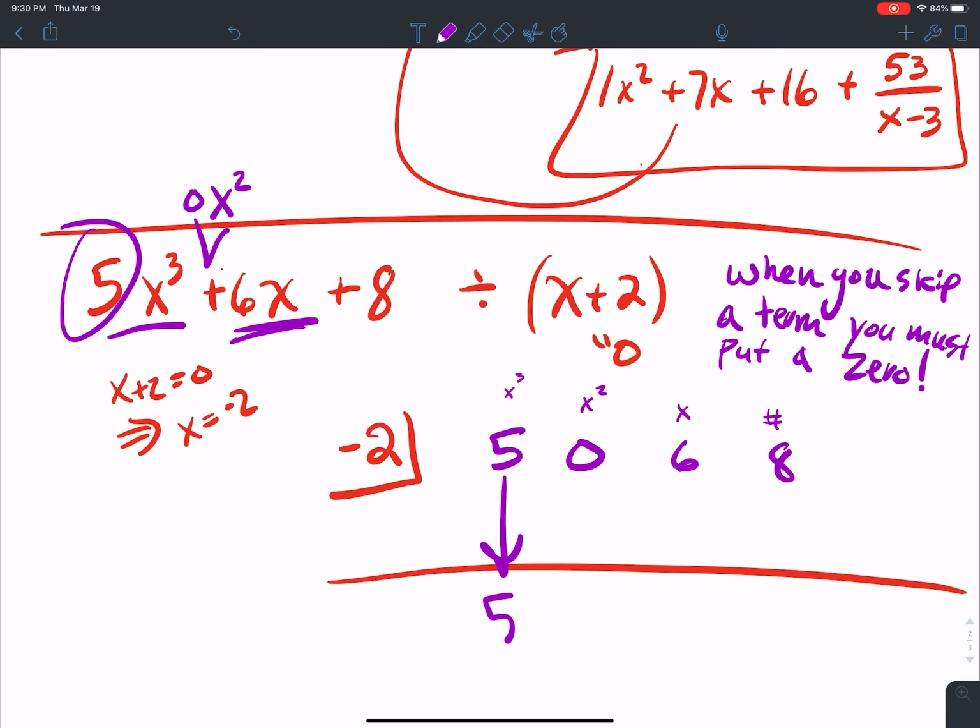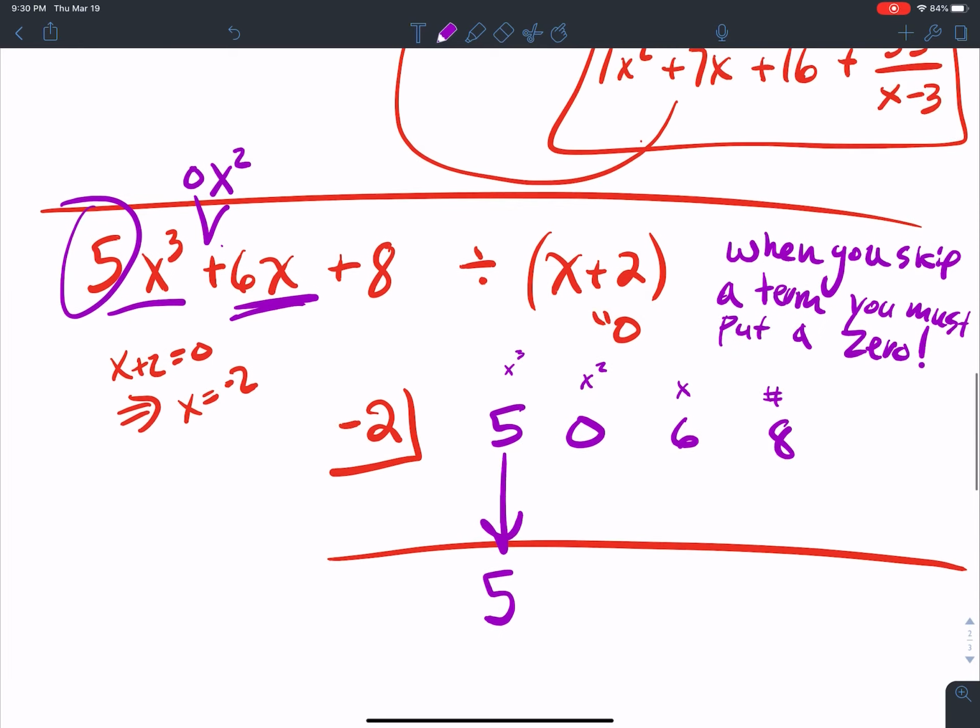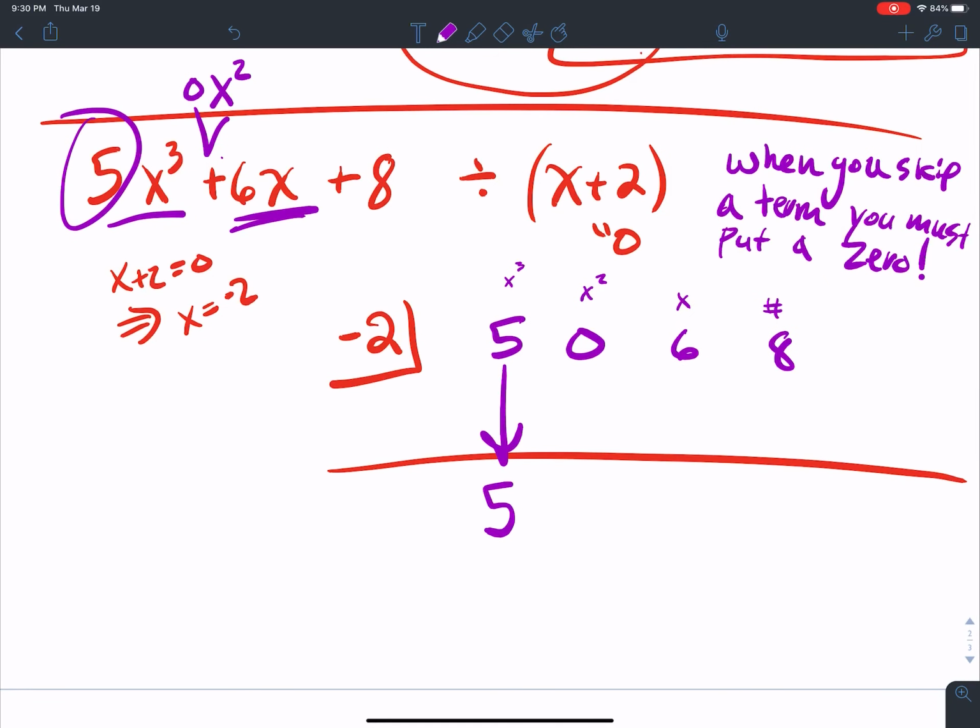Drop down the 5, what do I get? 5 times -2 is -10. Put the -10 right here. Add them together, 0 and -10. That's -10. Multiply what? I multiply -2 times what's below the line, -10. So what do I get? I get 20.